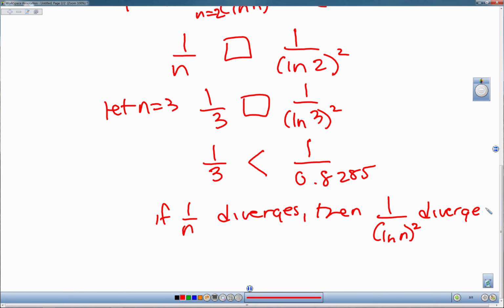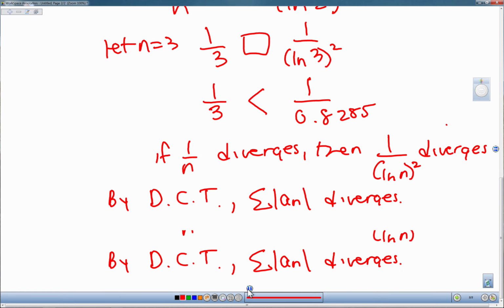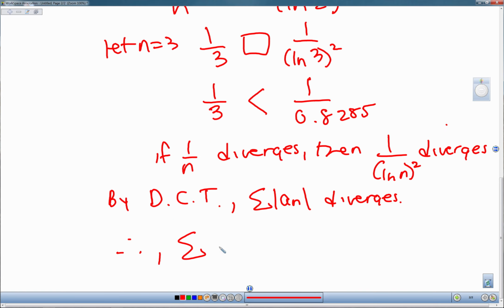And that's how this is going to work. And so by the direct comparison test, or a basic comparison test, those are synonyms, the absolute value diverges. Therefore, this particular series converges conditionally.